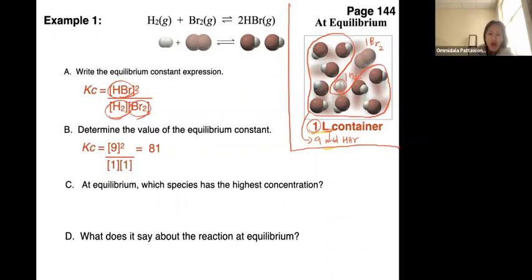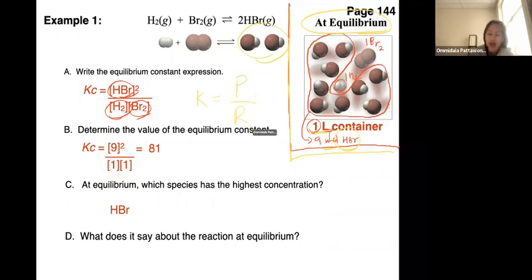Looking at this picture, you can see that at this equilibrium point, the species that has the highest concentration is HBr, the product. That makes sense if you think about Kc, which tells us the ratio between the product over the reactant.